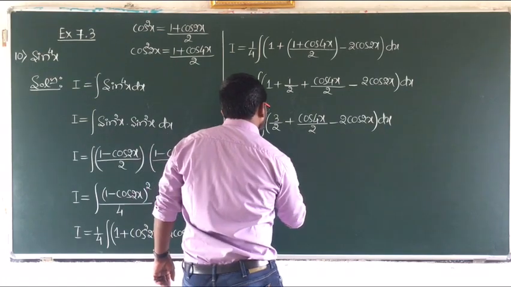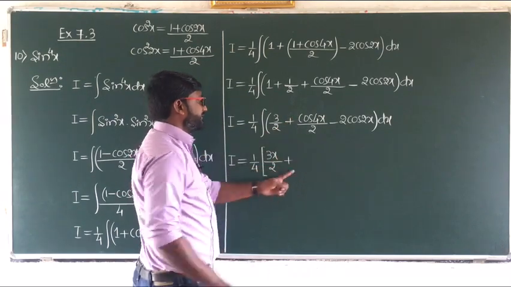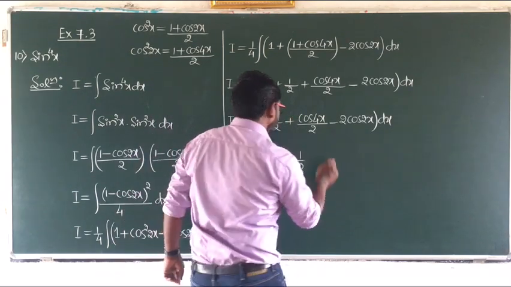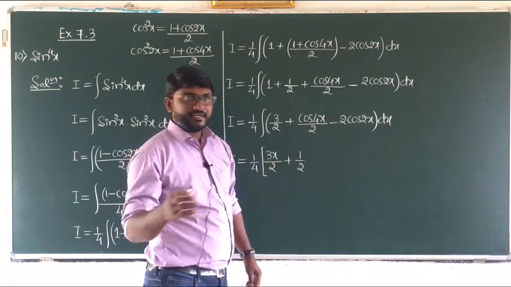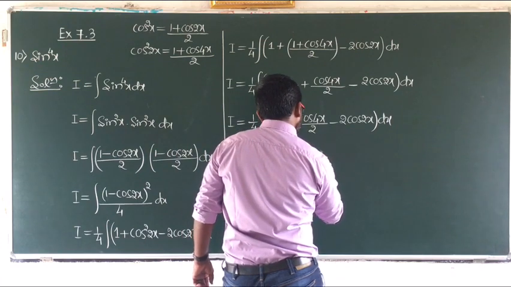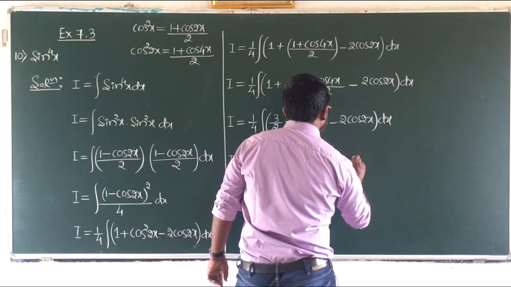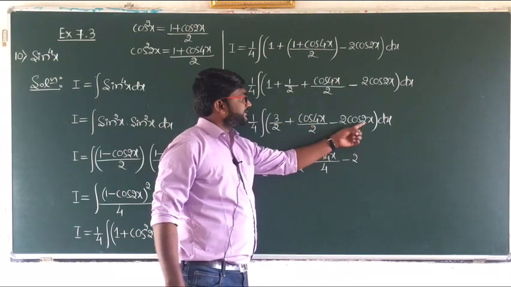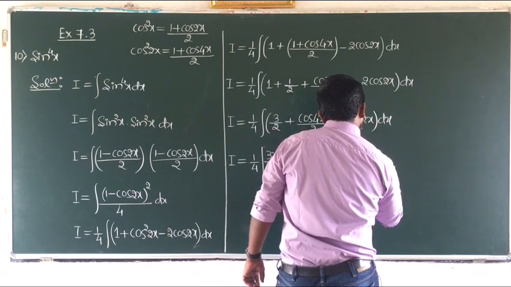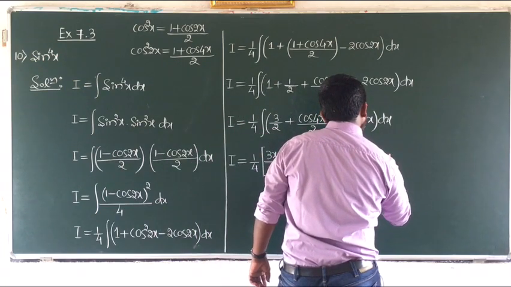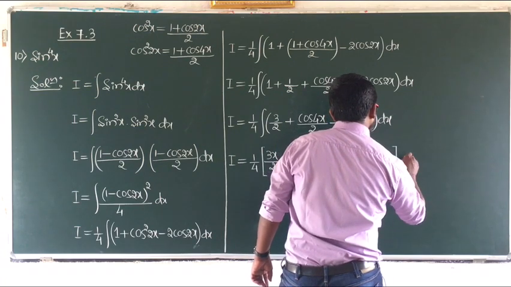Then plus, here 1 by 2 should be written outside as it is, then the integration of cos 4x will be sin 4x divided by 4, then minus 2 as it is, then the integration of cos 2x, sin 2x by 2. Close the bracket, plus c.